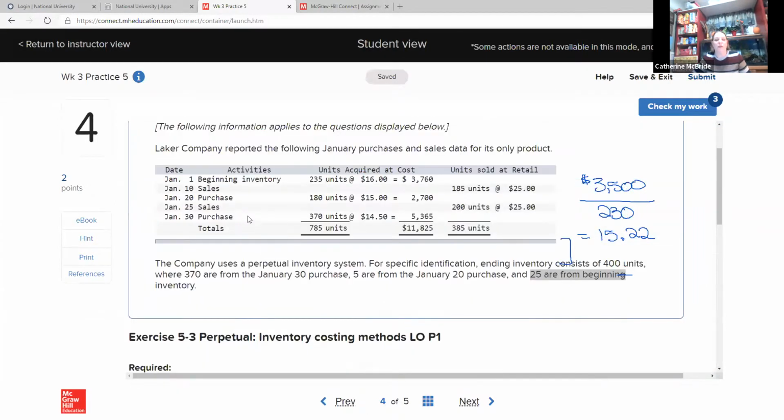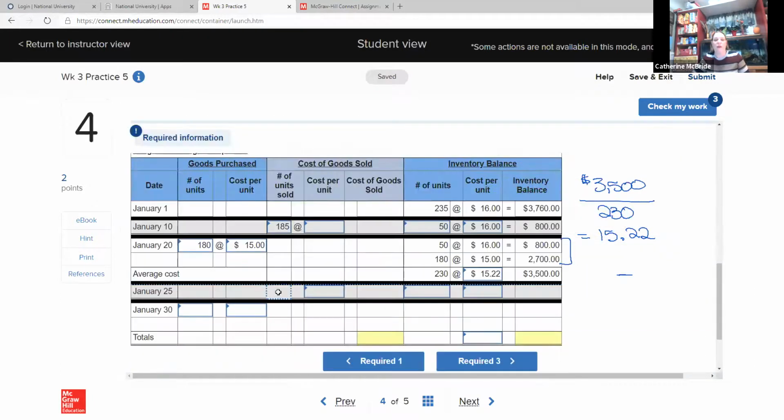On the 25th, we purchased 200 units at $25. So now I have $530. I have to do weighted average again.